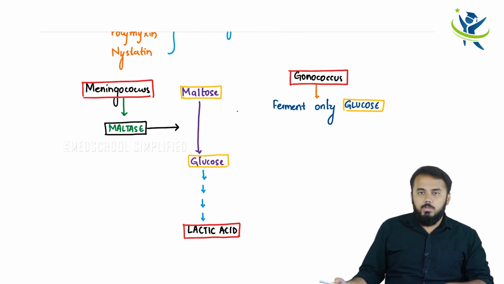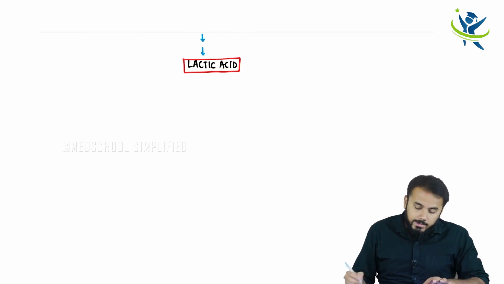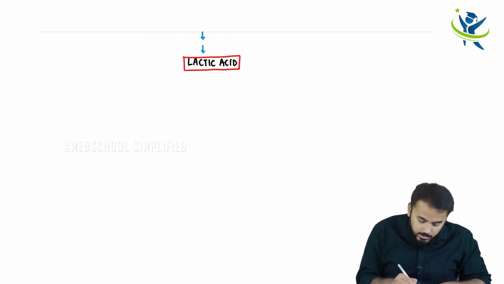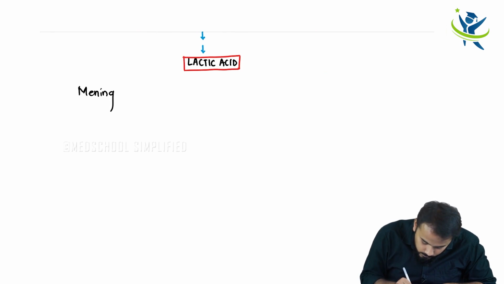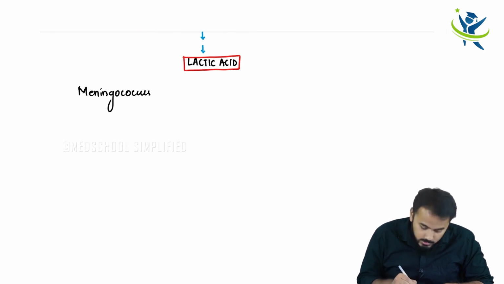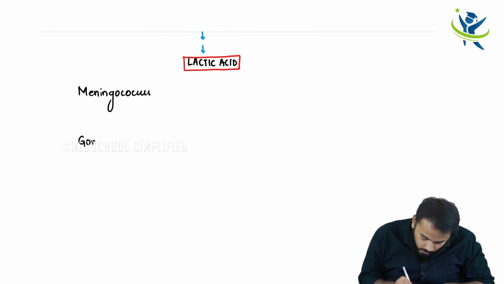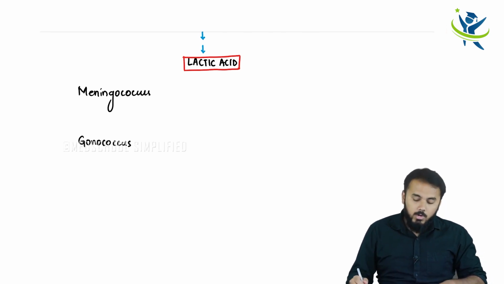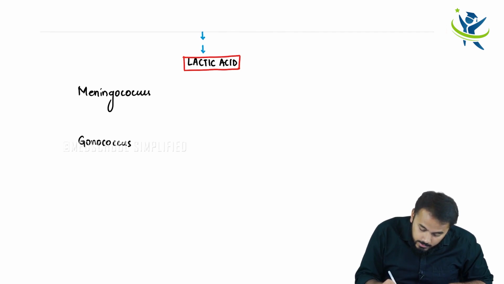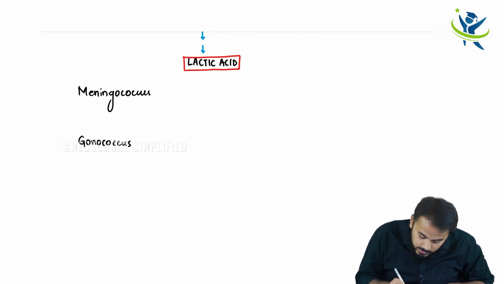So these things you need to keep in mind. If you want me to write it, this is very important for your MCQs, guys. Meningococcus, and on the other hand we have got Gonococcus. Okay, so what does Meningococcus ferment? Yes, tell me. There are two things.